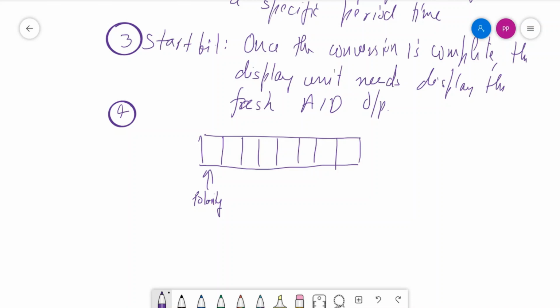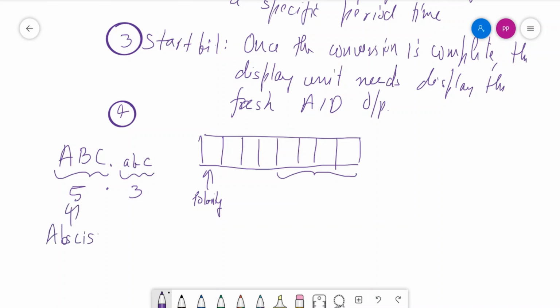Then we have to display the 4 bits of the mantissa. So let me tell you what is abscissa and mantissa. ABC dot ABC. So suppose you have, say, 5.3. So this is abscissa, and this is mantissa.